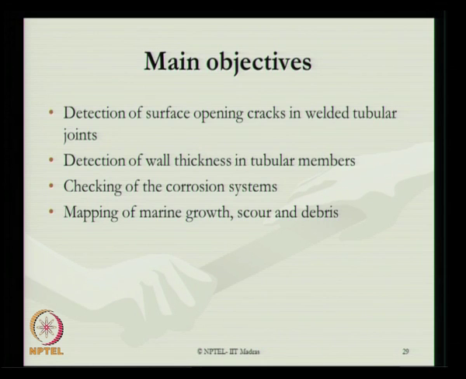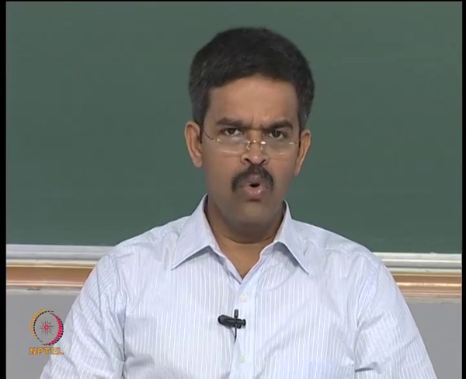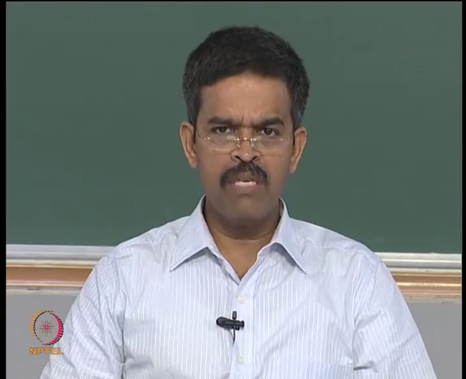faults. The main objectives of using NDT for underwater inspection could be detection of surface opening cracks in welded tubular joints, detection of wall thickness in tubular members, because thickness can always get compromised because of the corrosive environment present in seawater, and checking of the corrosion systems which have been deployed, for example cathodic protection systems used for corrosion protection, which can also be checked using NDT.